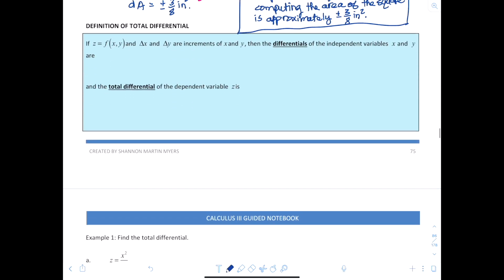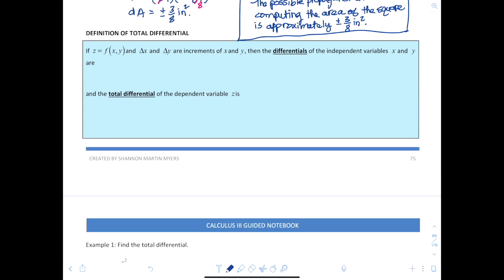Okay, so definition of a total differential. If z is equal to f of x and y, and delta x and delta y are increments of x and y, then the differentials of the independent variables, x and y, are dx is equal to delta x, and dy is equal to delta y.